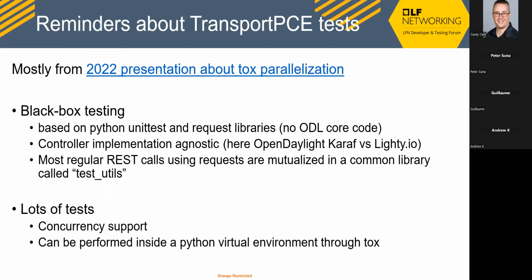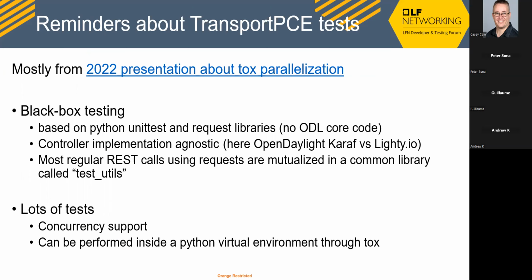The design of TransportPCE functional tests relies on the assumption that we need some black box testing, because we want to be able to test our implementation of OpenROADM and TAPI in TransportPCE with OpenDaylight, but also any other implementation.